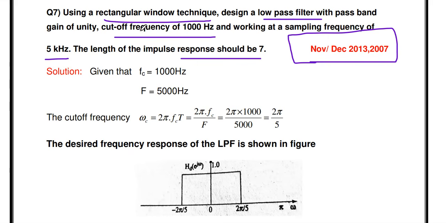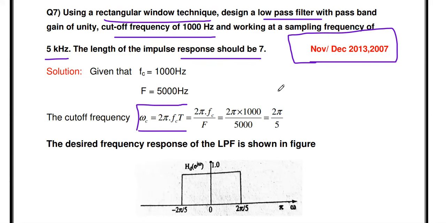Here the cutoff frequency is given in hertz, but in FIR filter design we want the cutoff frequency in radians, as well as the digital frequency. To convert this cutoff frequency in hertz to the digital frequency, you already know the formula: omega c is equal to 2 pi fc into the sampling time.